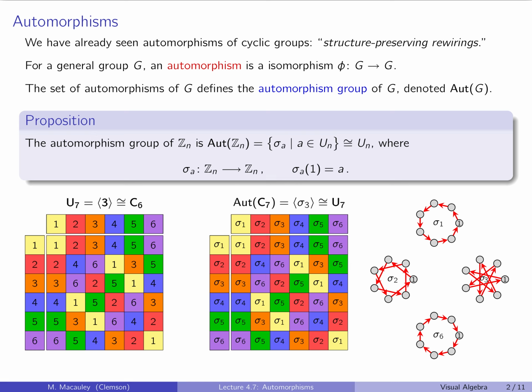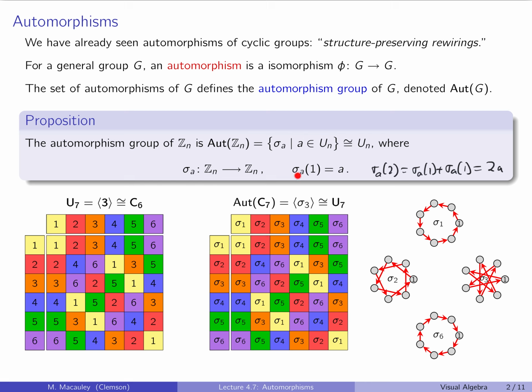So for example, if it sends 1 to a, I'm going to denote that by sigma a, then it will send 2 to 2a, as this is additive in Zn: sigma a of 1 plus sigma a of 1 equals a plus a. So you can think of this map as multiplying by a.